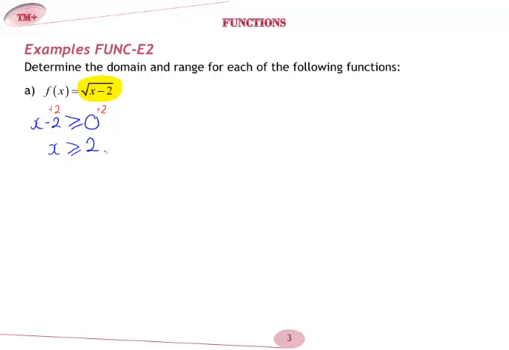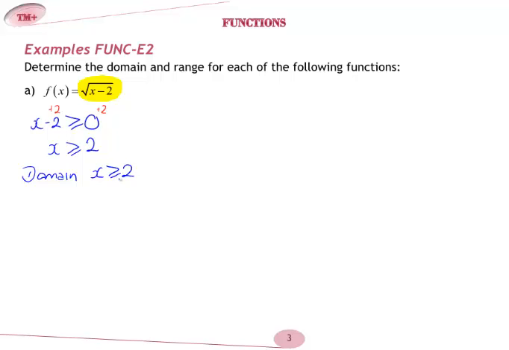Always be careful when you're doing these with your inequalities. If you ever divide by a negative, you have to remember to change the direction of your inequality, just like you learn in inequalities and absolute values. So my domain is x is greater than or equal to 2.